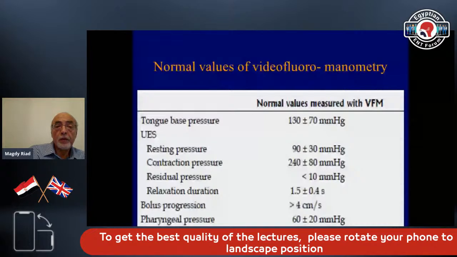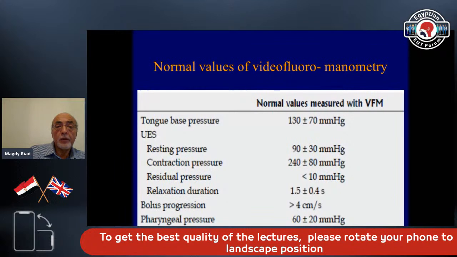Now note this, that the main pressure generation to the bolus would be the tongue base pressure. This would exceed sometimes 130 millimeters of mercury. The upper esophageal sphincter resting pressure is less than this. So in a resting position, you wouldn't expect the upper esophageal sphincter to pass all the bolus.